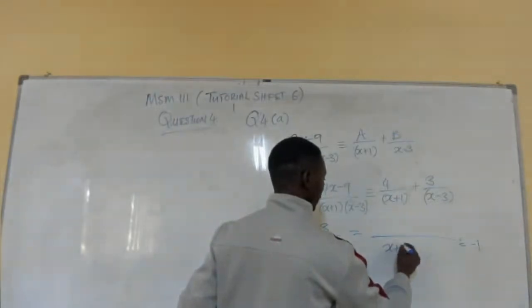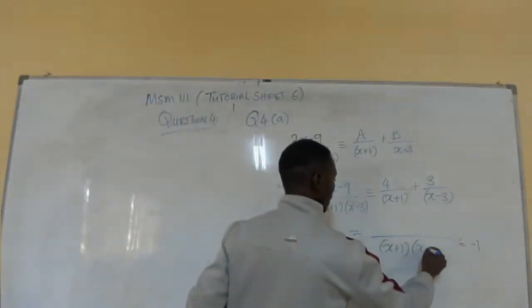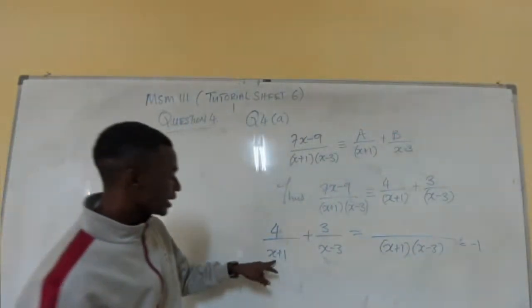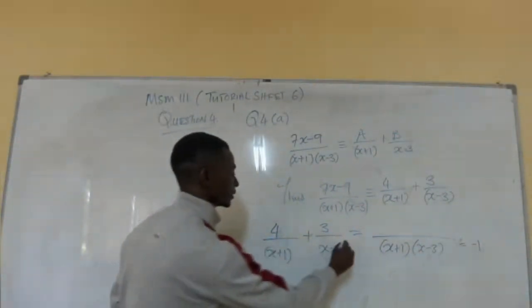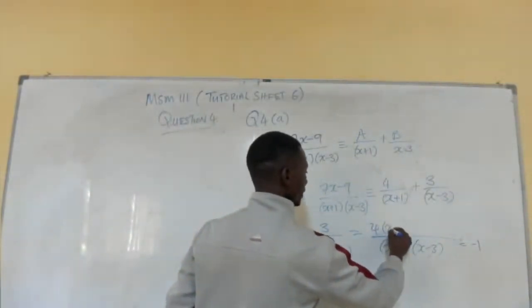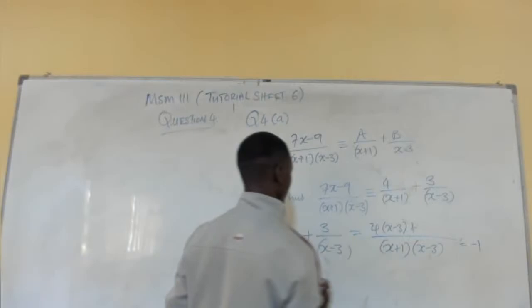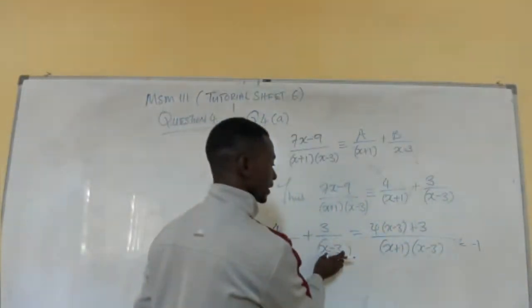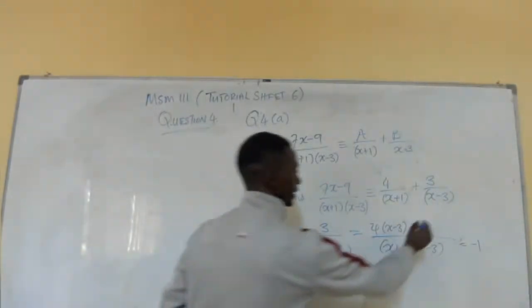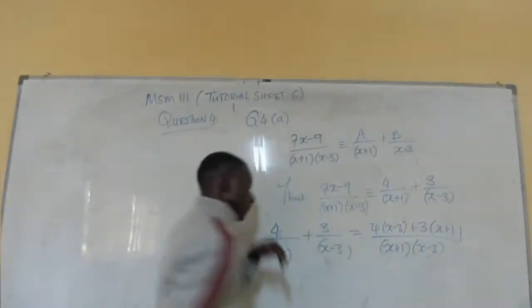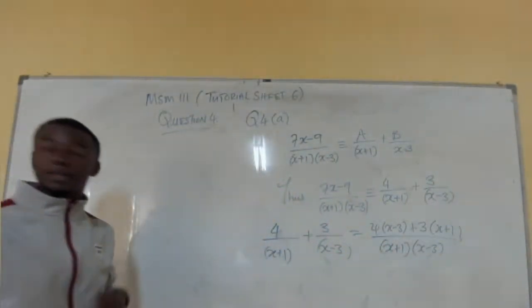It is x plus 1 and x minus 3. So now you say x plus 1 into that, you will remain with 4 times x minus 3 plus, then you say 3. What is x minus 3 into that? It's x plus 1. So now there we go.